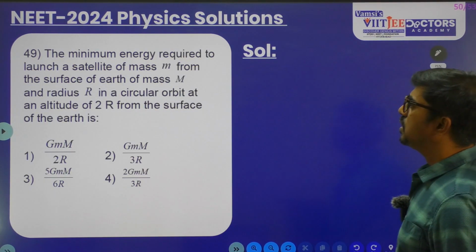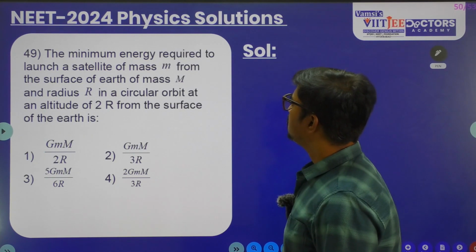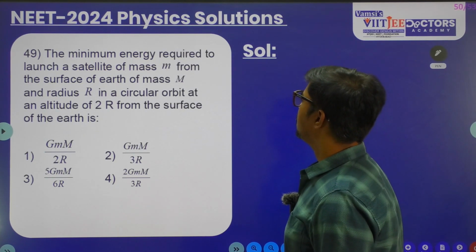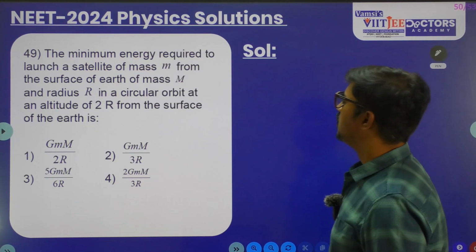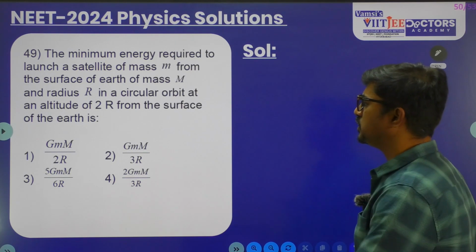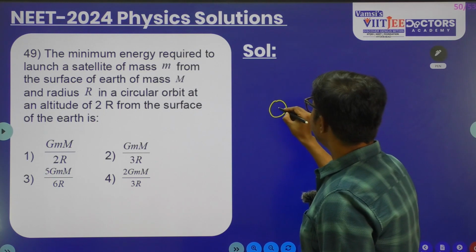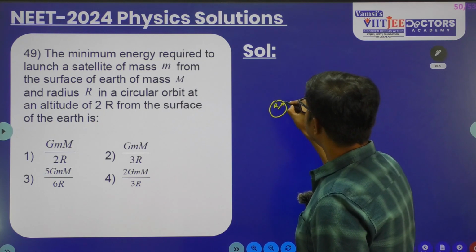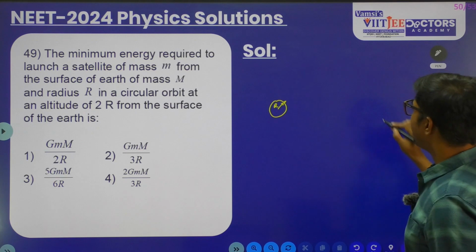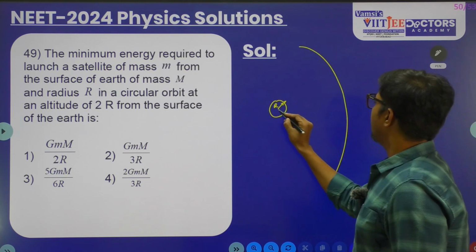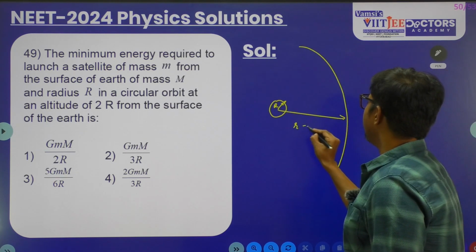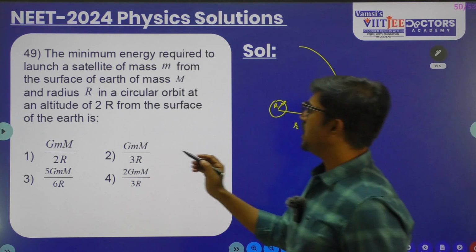Okay. Minimum energy required to launch a satellite of mass m from the surface of the Earth of mass M and radius r in circular orbit at altitude 2r from the surface of the Earth is... So what is happening? Initially, the particle is at a distance r. That's where the satellite is. Later, it went to an orbit of radius 3r, because altitude they had given 2r.